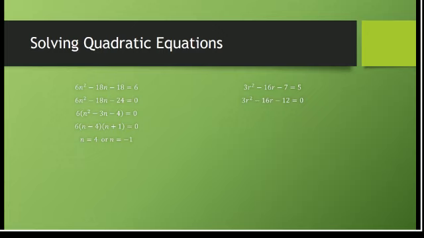Negative 36 is 3 times 12, or 36 times 1. It's also 2 times 18, which is going to be what we need. If one of them is negative, I need negative 18 and positive 2. That's going to add to negative 16, and 18 and 2 multiply to 36.